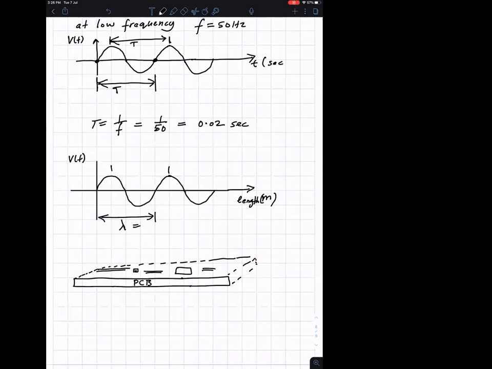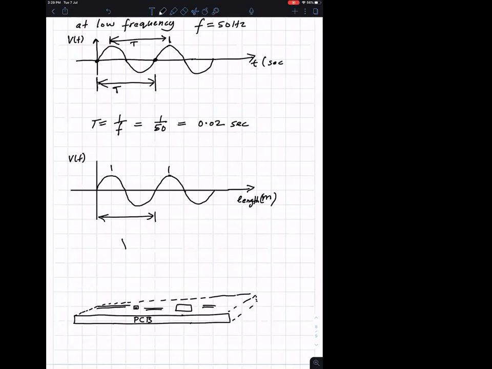Free space wavelength. So lambda equals C over F, right, sir?